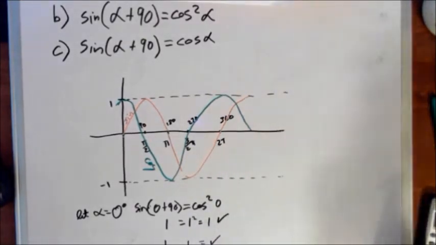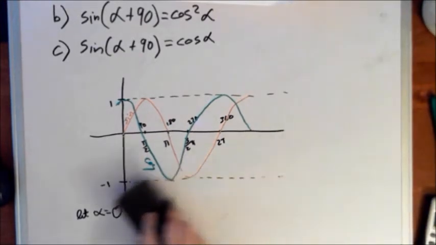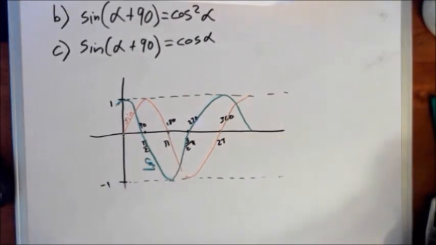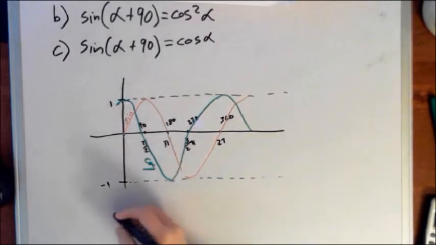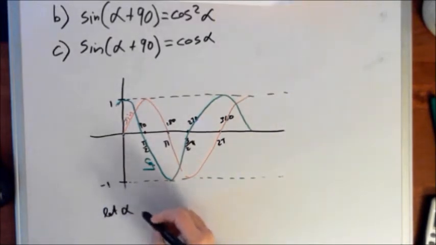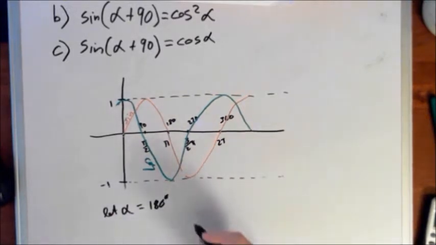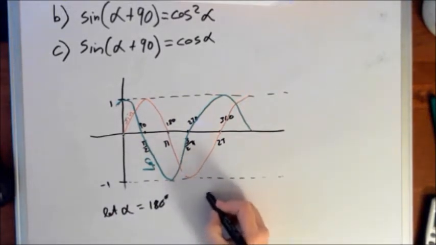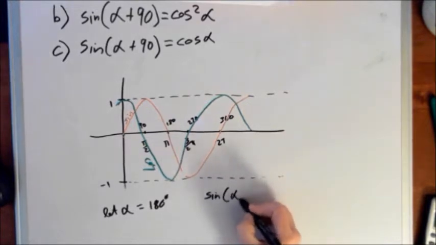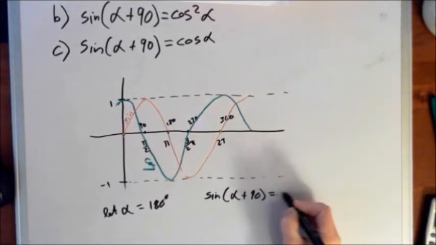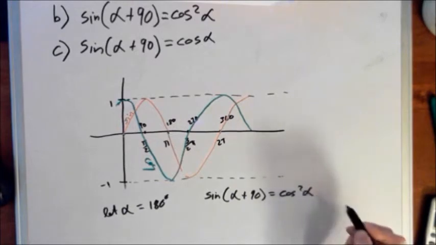So let's look at, what if we let alpha be equal to 180 degrees. So again, looking at sine alpha plus 90 is equal to cosine squared alpha.